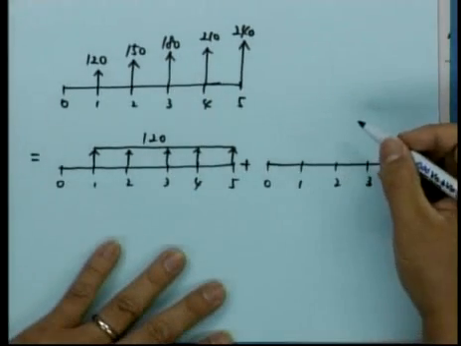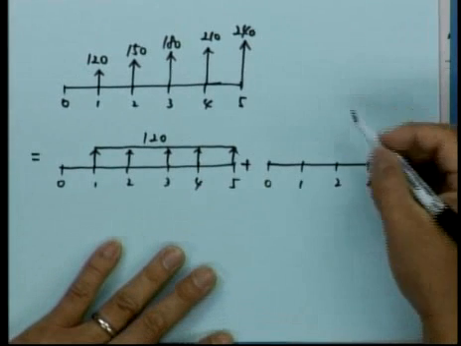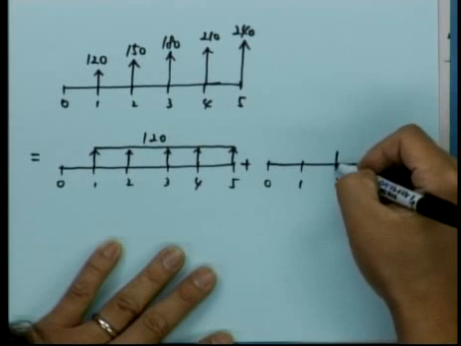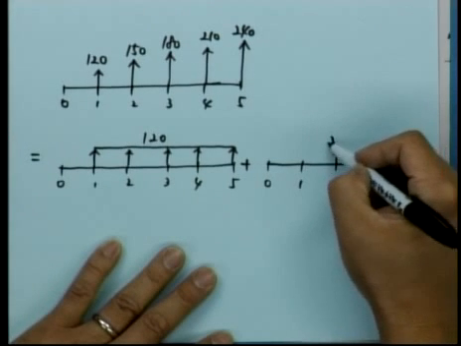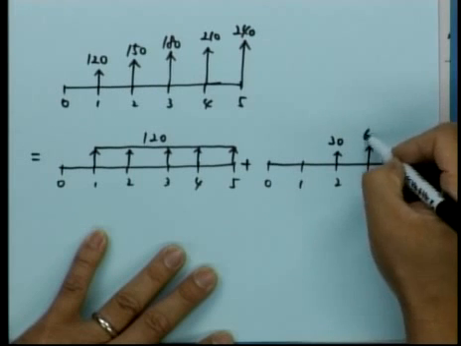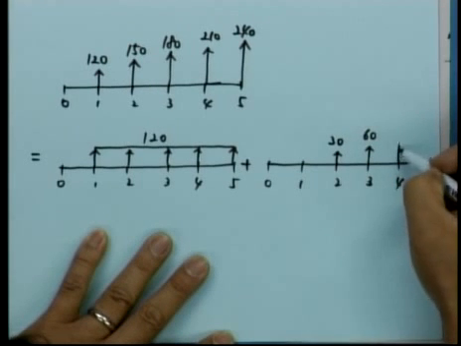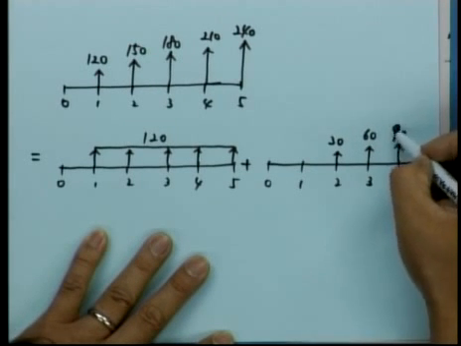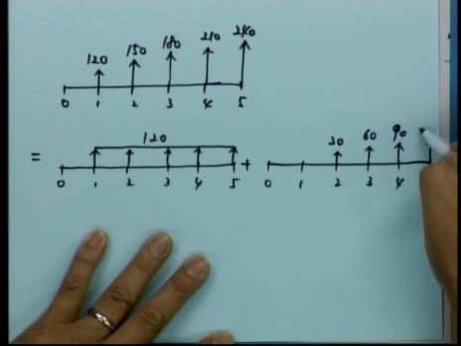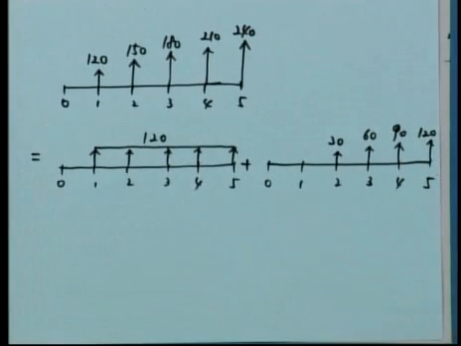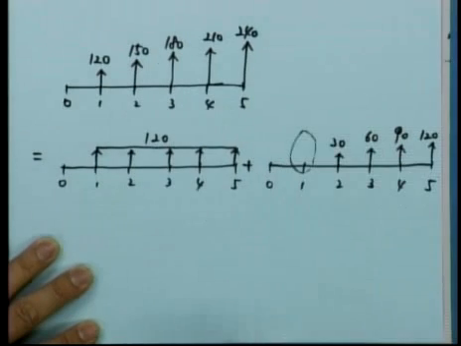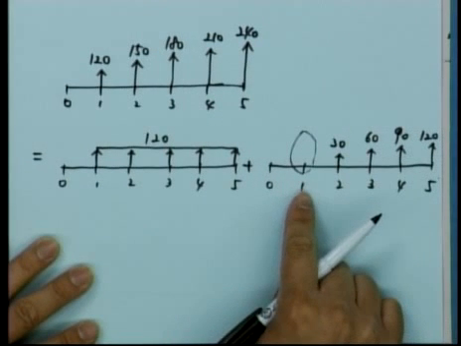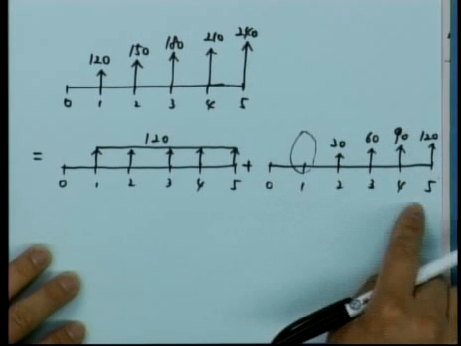And for the arithmetic gradient series, starting from period 2, we have 30, 60, 90, and 120. Remember, for the very first period, there is no cash flow in the arithmetic gradient series.